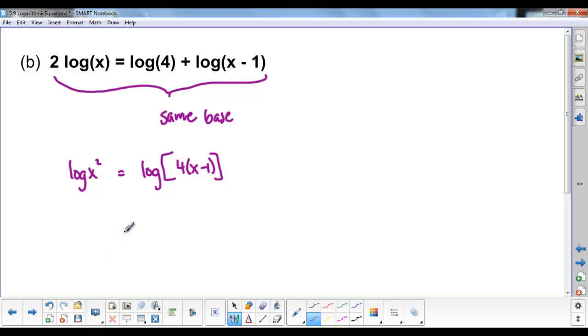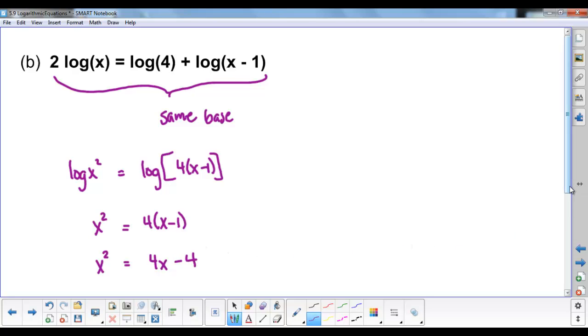Now that we have two single logarithms on both sides of the equal sign, we have no coefficients, we've changed them all to exponents, we can say, well, therefore, x squared is equal to 4 times x minus 1. And then from here, we can distribute the 4.